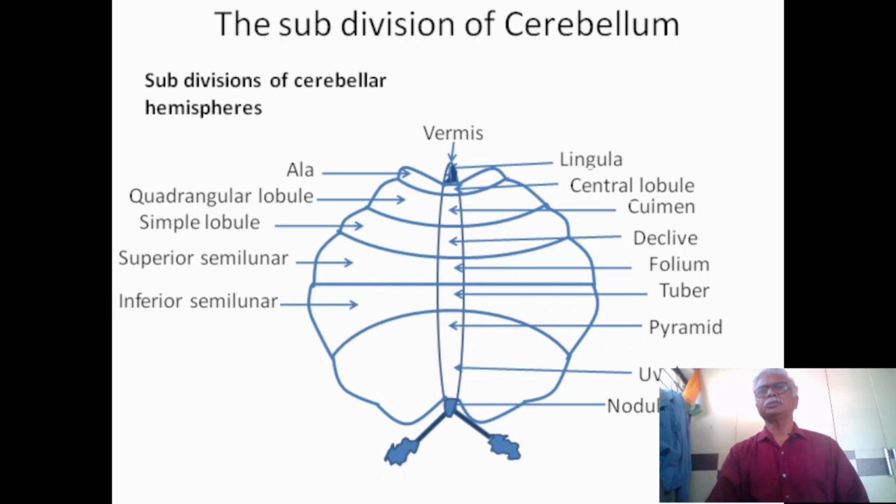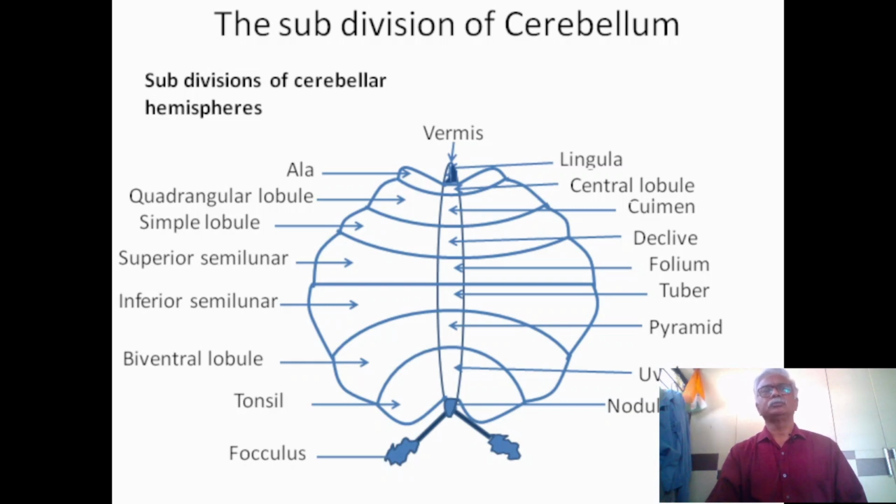The inferior semilunar lobule, biventral lobule, tonsil, and flocculus are the lobules present on the inferior surface.